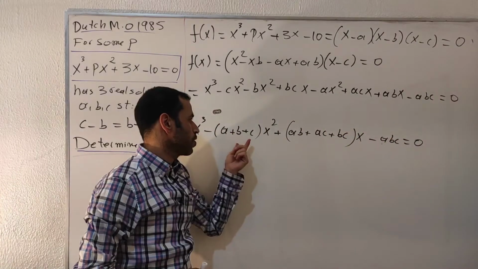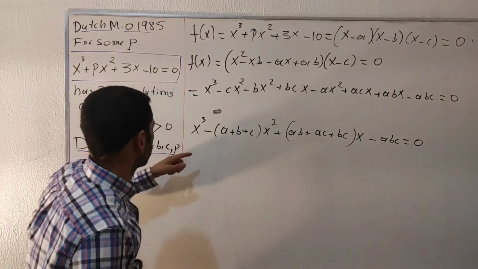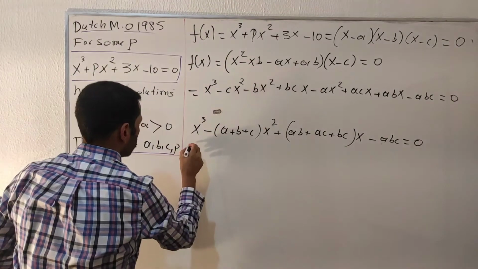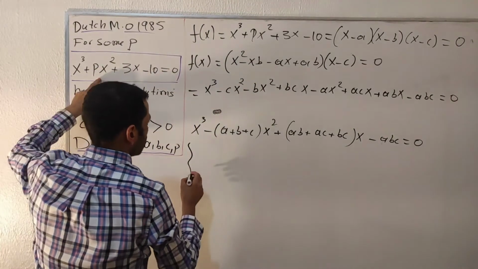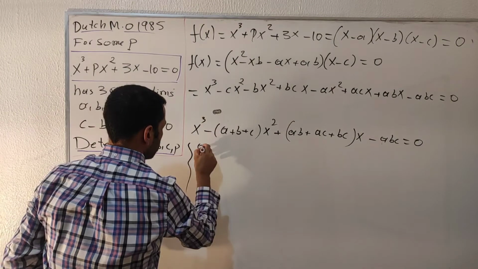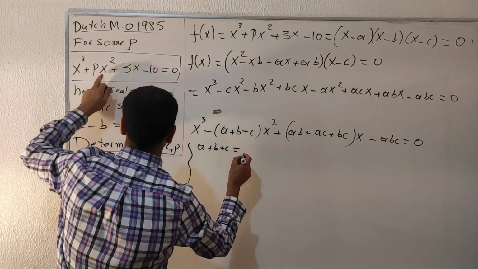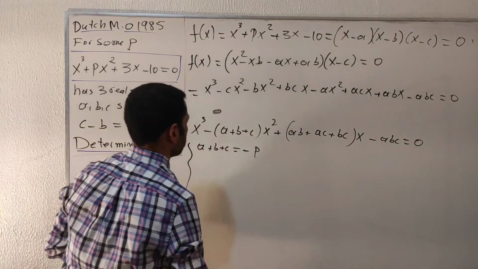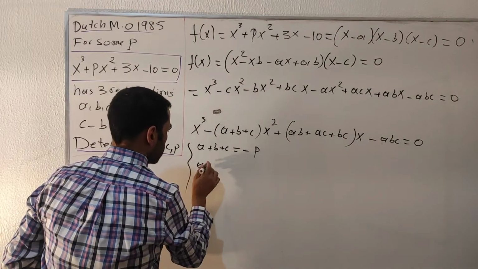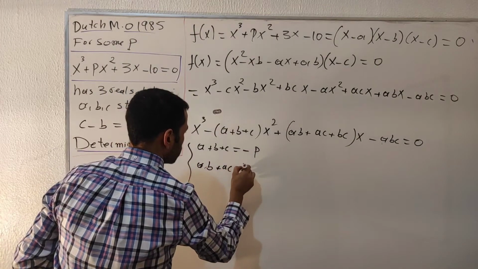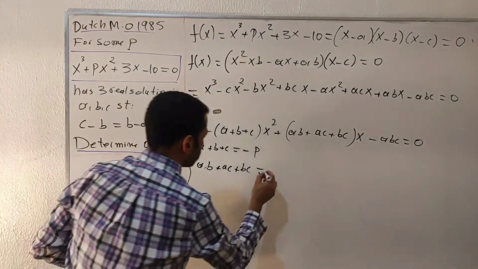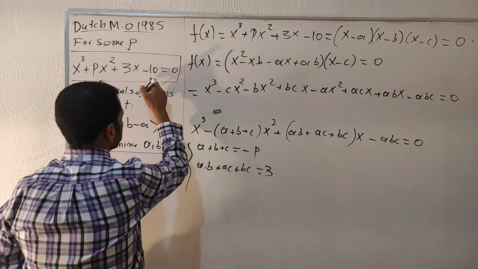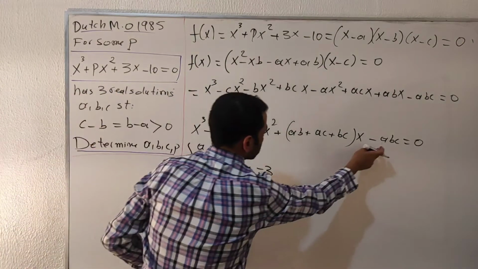Matching term by term, this coefficient equals p, so I make the equation system. I get a plus b plus c equals minus p. Then ab plus ac plus bc equals 3. Lastly, abc equals 10, because we have a minus sign here.